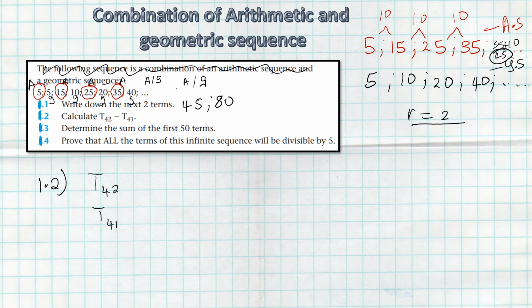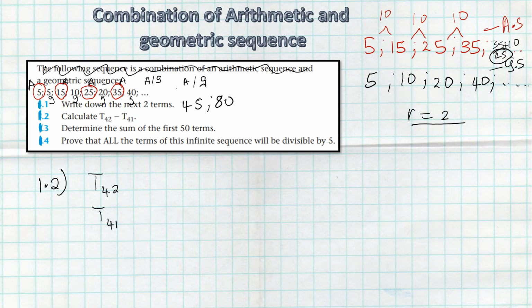But if it's sitting on positions for odd numbers, then it must be 1, 3, 5, 7, 9, like that, right? That's basically what you check. Then you'll be able to know, because 42 is an even number. If our arithmetic sequence is found on even-numbered positions, then term 42 is for arithmetic. If it's sitting on odd-numbered positions, we know term 41 is for arithmetic.